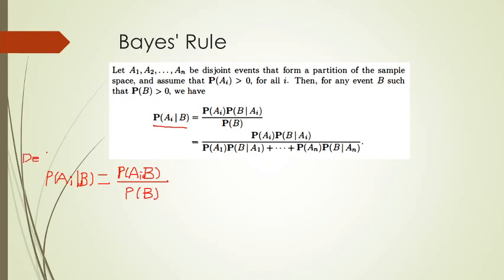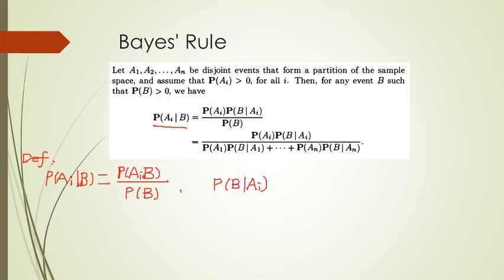Definition. Let's figure out one by one. Now, what is this intersection? We can rewrite another conditional probability. This is the one we are familiar with in the total probability theory.